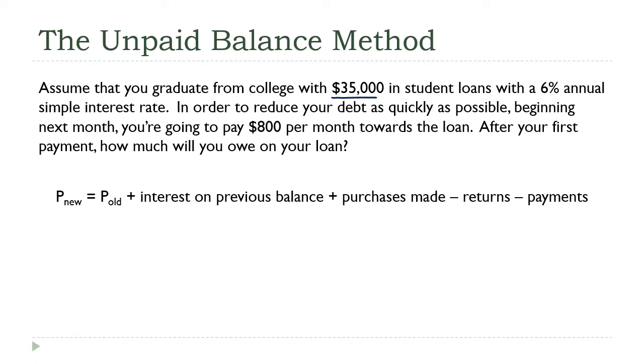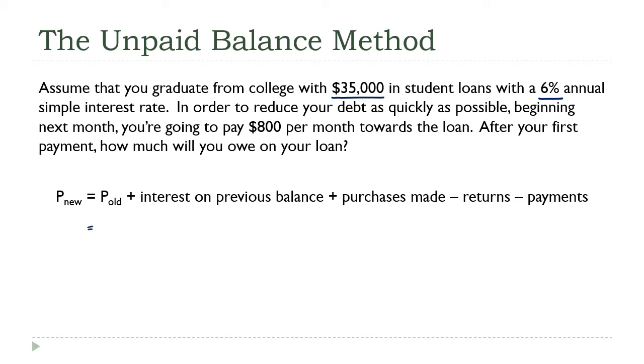So you have $35,000 in loans. We're talking about a 6% annual interest rate, and you're going to pay $800 per month towards this loan. What I want to know is, after your first payment, what is your new balance? Well, let's see how we can do this.